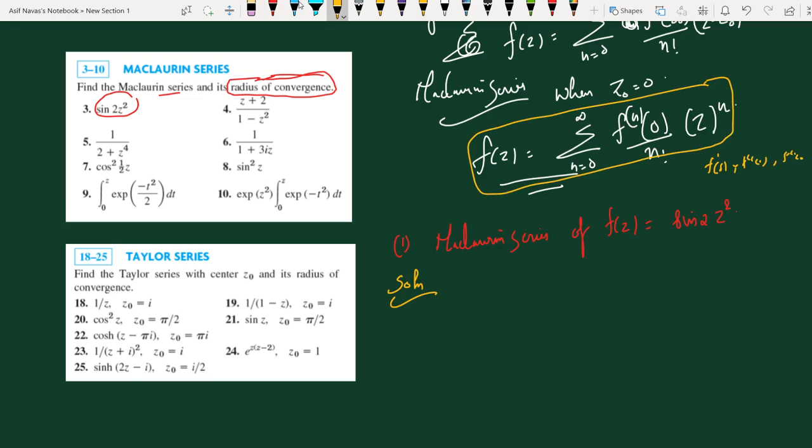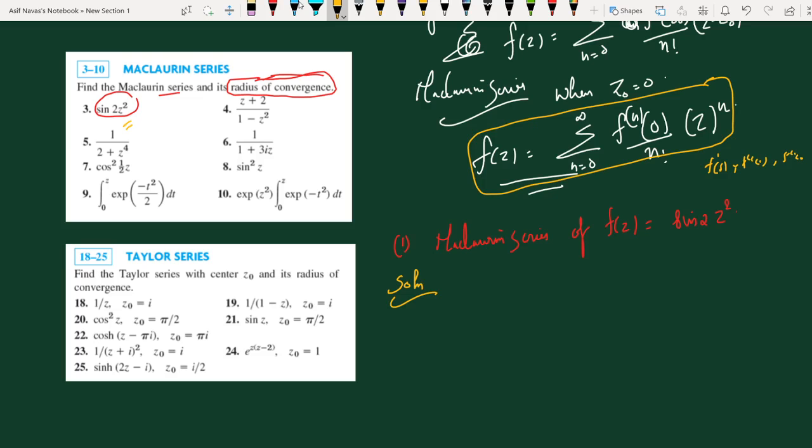Or another easier method is, if we already know the Maclaurin series expansion of sin z, then we can easily substitute 2z square instead of z.